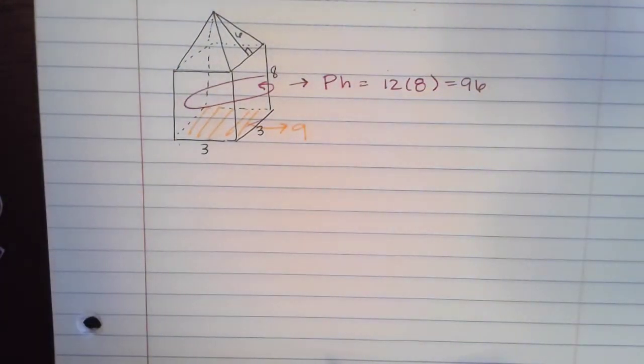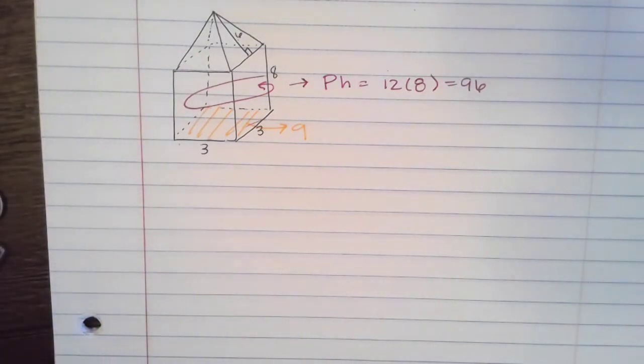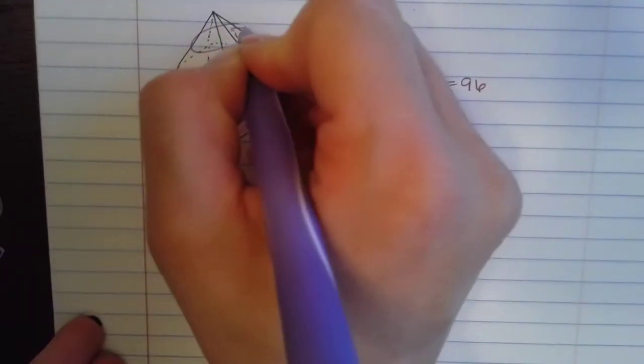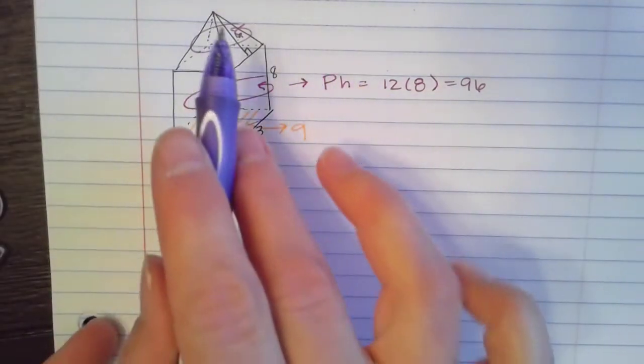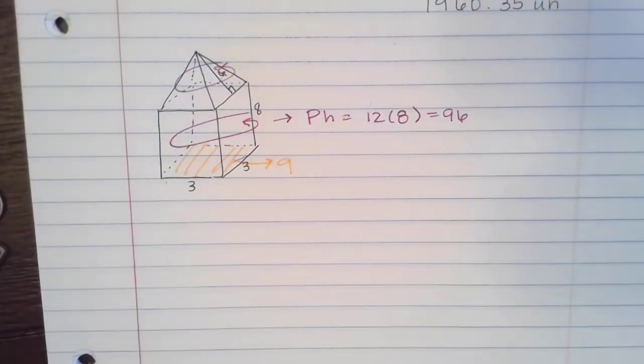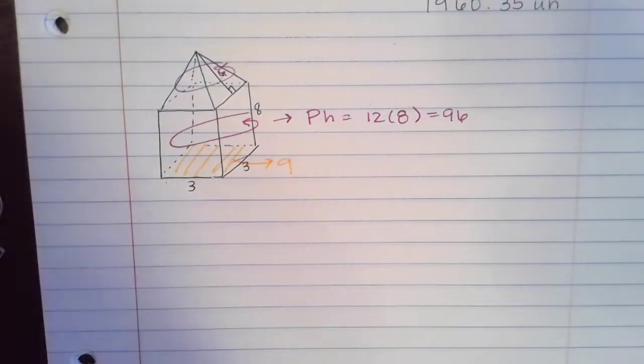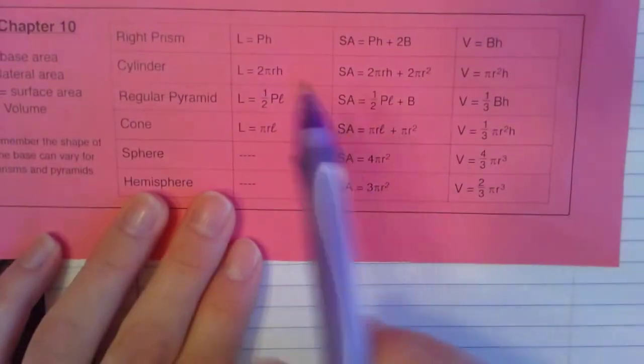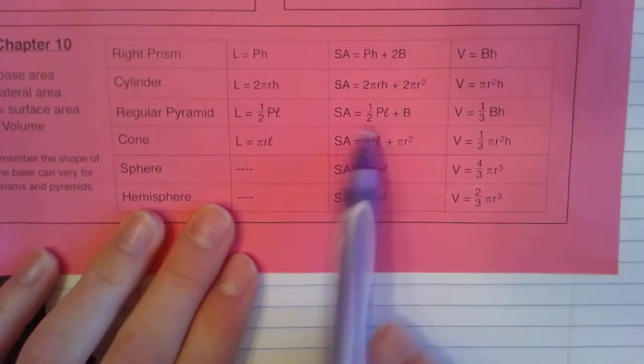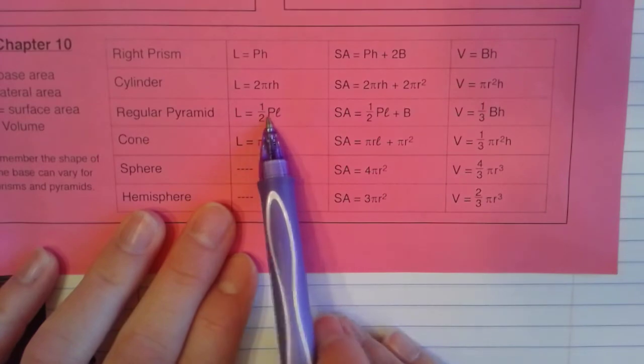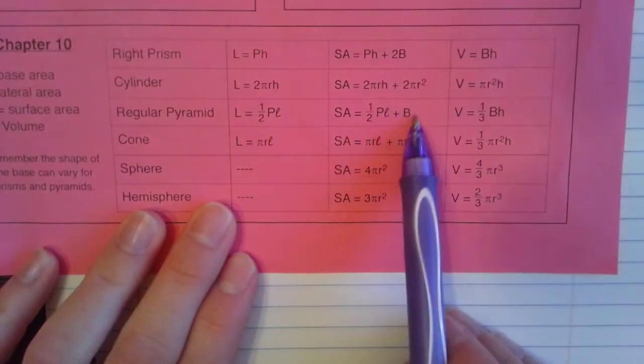And then lastly, our lateral area up here. So I'm going to use a different color. The lateral area up here. It has no base, so when I look at my formula for a pyramid, my lateral area is 1/2 the perimeter times the slant height, because that B stands for the base.